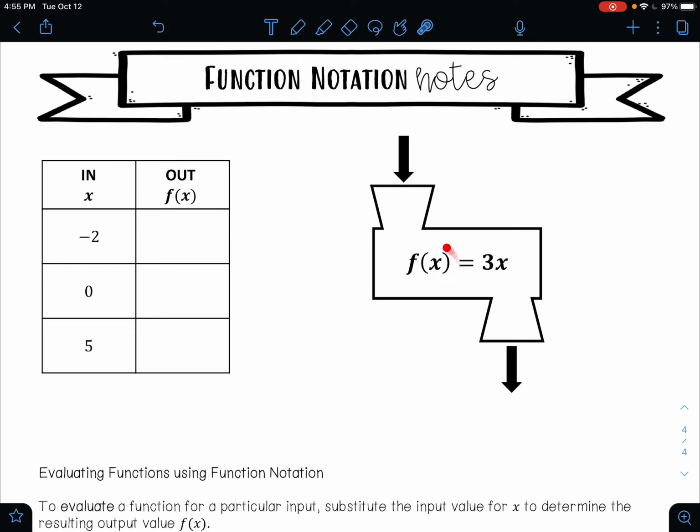See this function right here, f of x? That's how you say that. So when you see this, it's not fx. We read that as f of x. So think of the parentheses as the word of. So what we're saying is this function, f of x, this is just like a nickname for y.